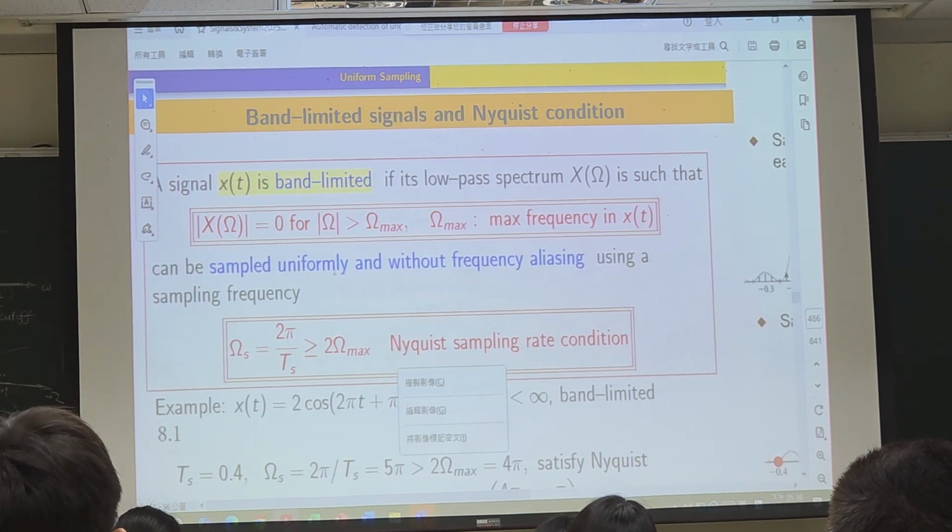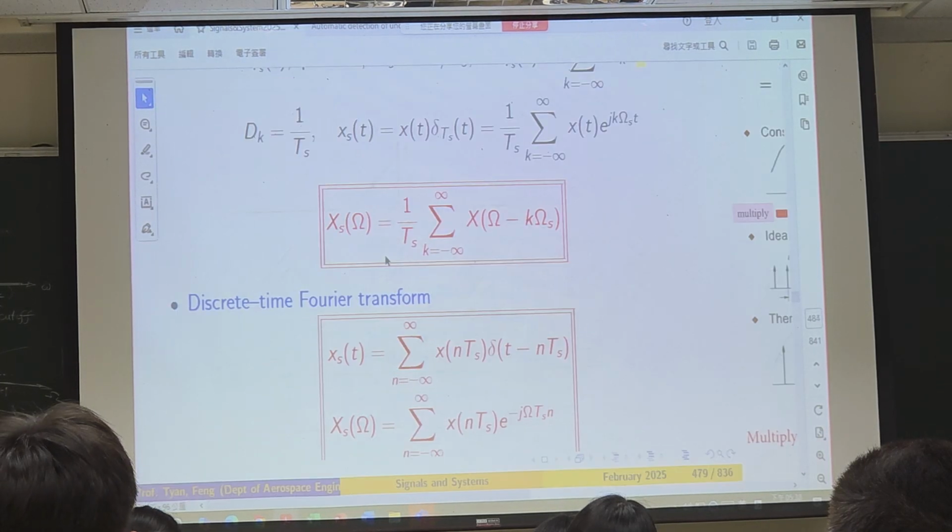So maybe I have to write down the equation first, just for illustration purposes.